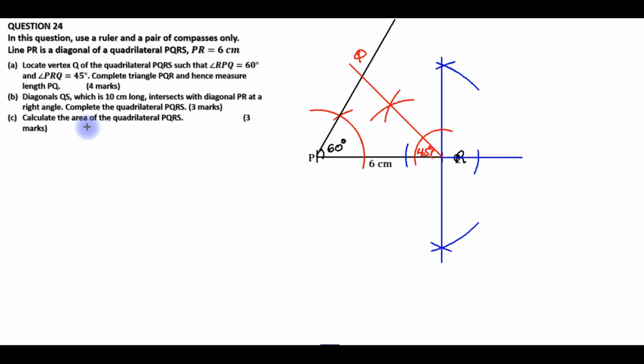Therefore, it's perpendicular, so it cuts PR at right angle. Therefore, from Q, we are going to draw a perpendicular line downwards. So from Q, we draw perpendicular.